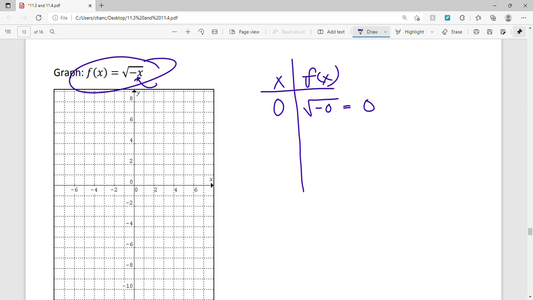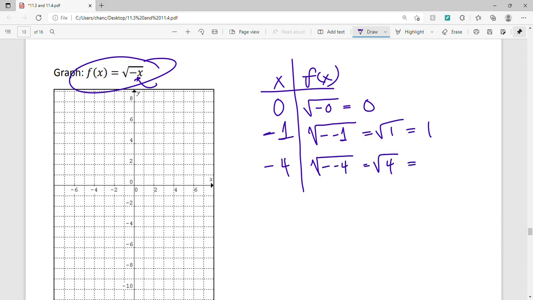We don't know how to graph i on the Cartesian plane. But if I use a -1, look at what happens. We plug it into the original equation. We get a square root of a +1, which we all know is just 1. So we can use -1, and we could use -4 instead, and that's going to give us some nice values to graph. So let's plot the square root of a negative on the graph.